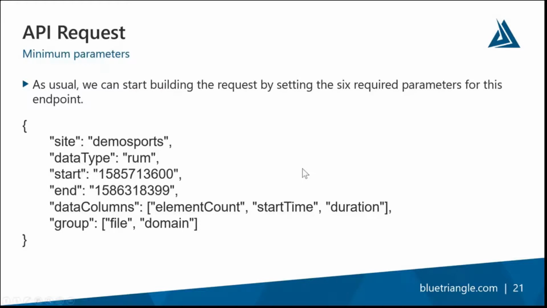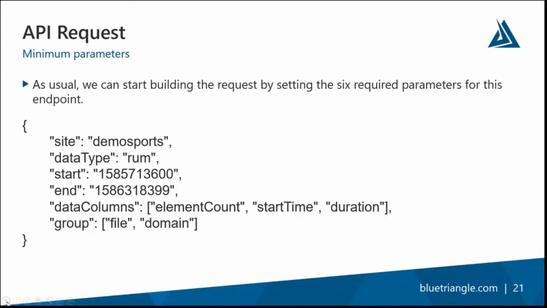So first, we're going to start with our 6 required parameters for this endpoint. All right, we'll have our site, our data type is RUM, we have set our start and end time period and epoch, and then for the data columns, we're going to choose the element count, start time, and duration.